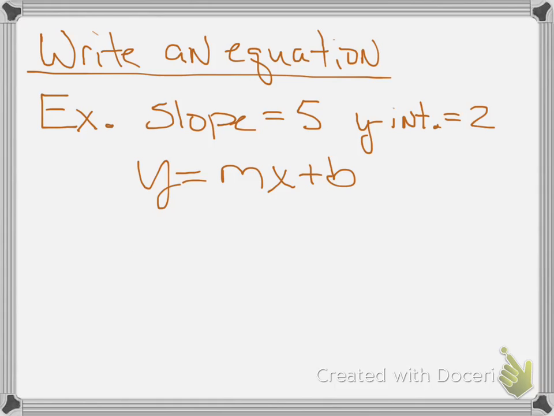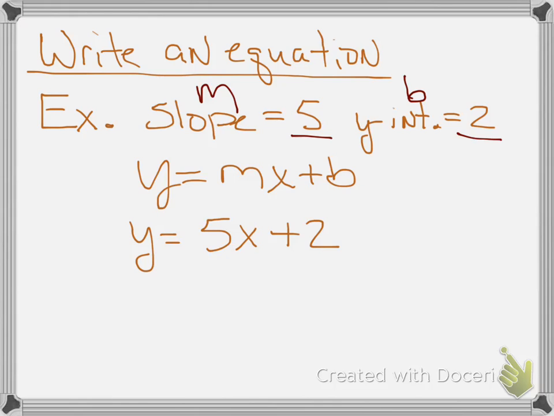M is slope, so this right here is my slope. This is my b, right there. So if we keep playing this, then I would get y is equal to 5x plus 2. You're done. That's it. You've come up with the equation.